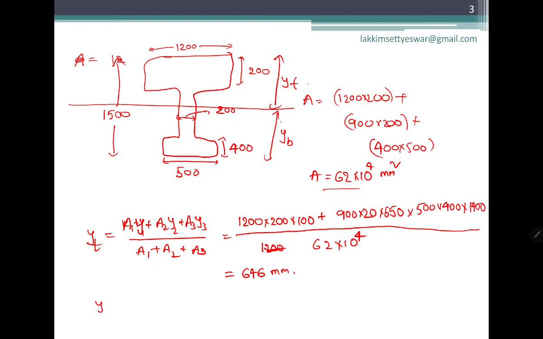Similarly y bottom is equal to 1500 minus 646, which is 854 mm.